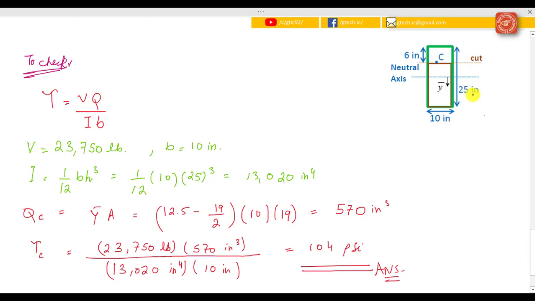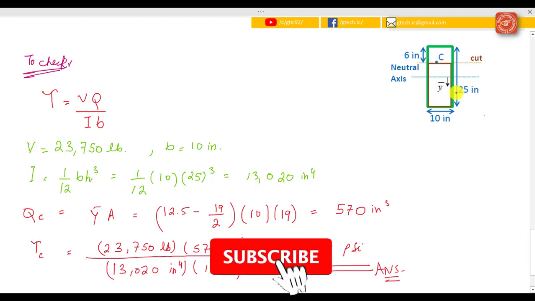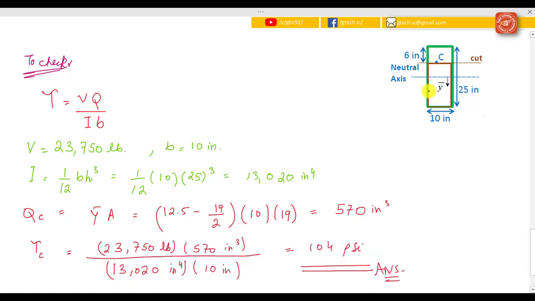We know that the total height of this rectangular cross section is 25, and 25 minus 6 becomes 19. y bar is the center of this rectangular cross section, so 19 divided by 2 gives this value, and then subtract this term from 12.5, and the answer would be the y bar that is located here, times the area of this rectangular cross section, that is 10 times 19. Now substitute all these terms again into this equation, and the shear stress at point C would be 104 psi, the same as we calculated above.